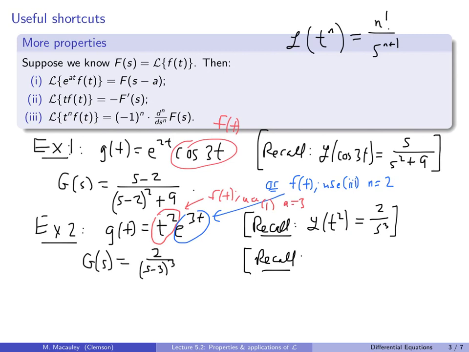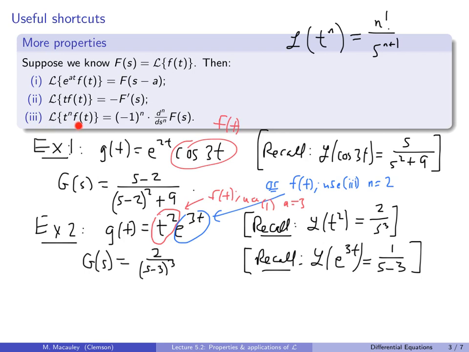Okay, so to use that, recall from the first lecture or any Laplace transform table that the Laplace transform of e to the 3t equals 1 over s minus 3. Remember that? In general, the Laplace transform of e to the at was 1 over s minus a.